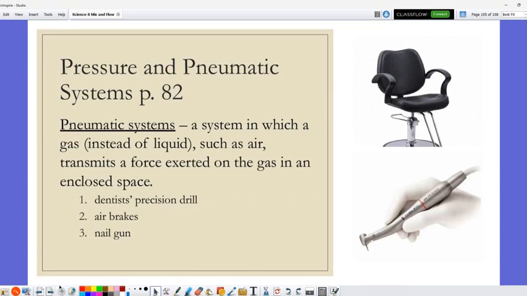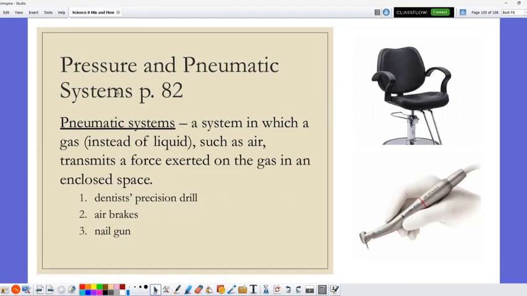Then there's also the pneumatic system. A pneumatic system is the same thing as a hydraulic system, except it uses a gas, like air, to transmit the force. Examples are dentist precision tools, air brakes on a truck, and a nail gun. Most of the equipment in shops uses air pressure to run the paint sprayer, the drill, or the air ratchet.